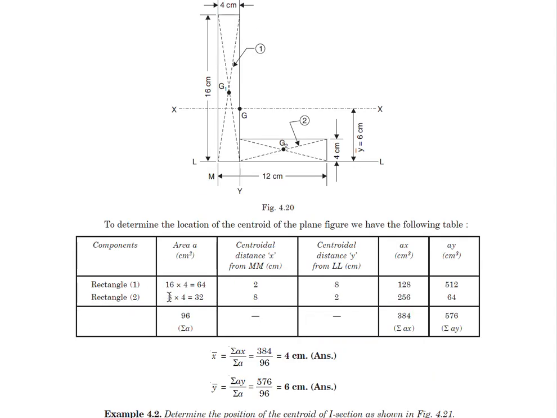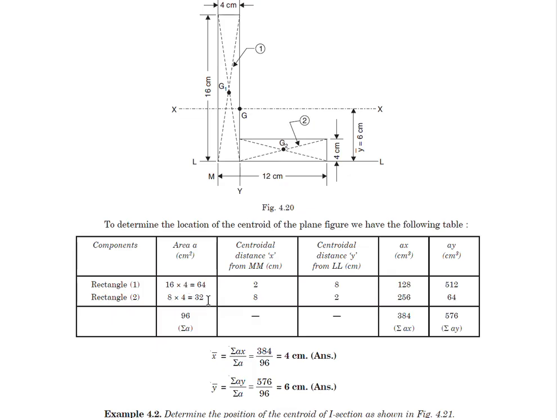Similarly, for rectangle 2, because we have already considered this 4 centimeter in the first figure, we'll leave this, and the rest of the rectangle is 8 centimeter long and 4 centimeter high.